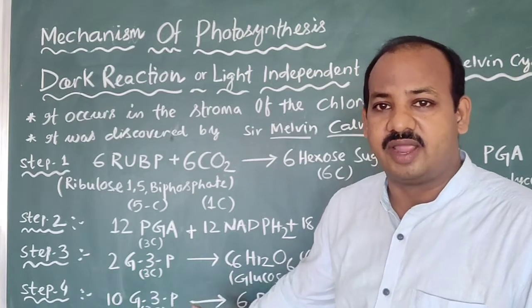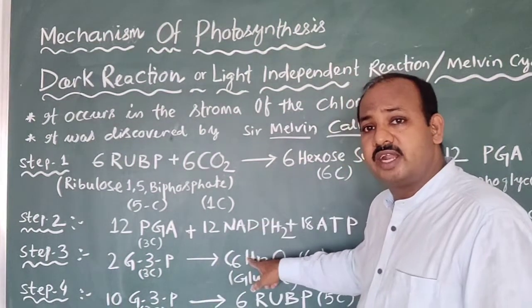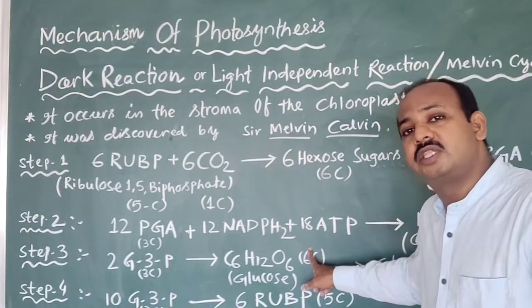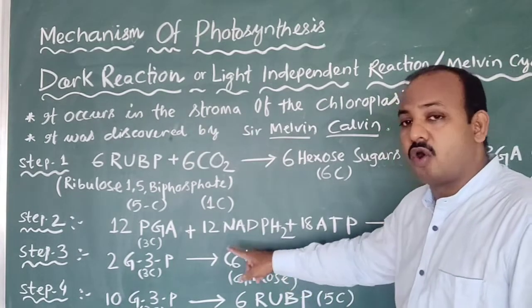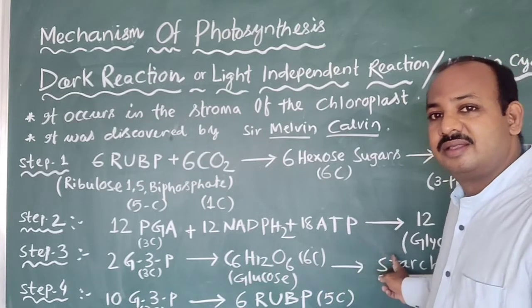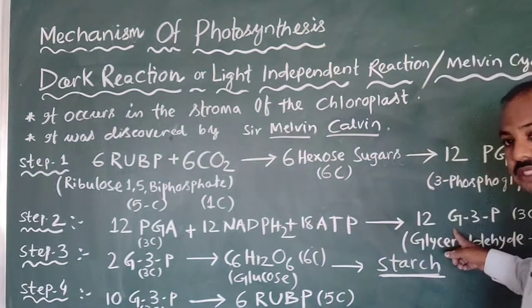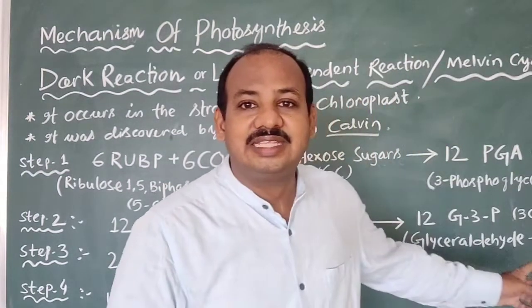So that's why 12 molecules of NADPH2 and 18 molecules of ATP, which are produced during the light reactions, are now utilized to form another isomer of PGA, that is 3-glyceraldehyde 3-phosphate.